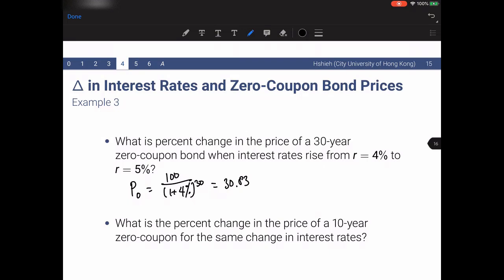All right. Let's now adjust the interest rates from 4% to 5%. When we switch from 4% to 5%, all we're doing is adjusting the denominator, right? So the denominator is increasing, or the discount rate is increasing by 1%. I'm going to write P0 prime to indicate that some particular input has changed.